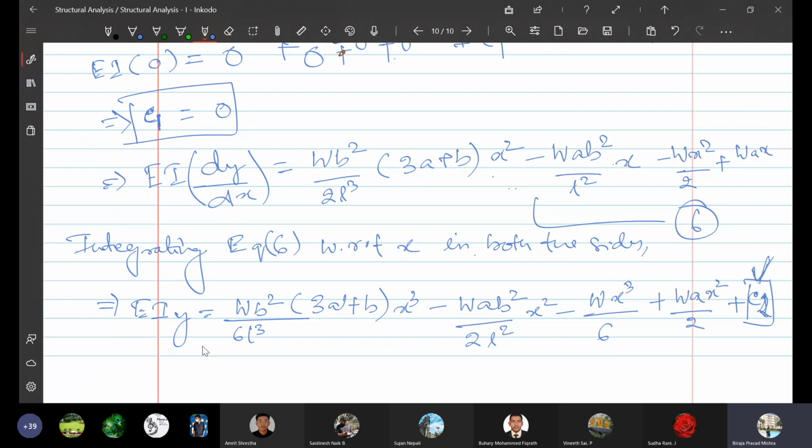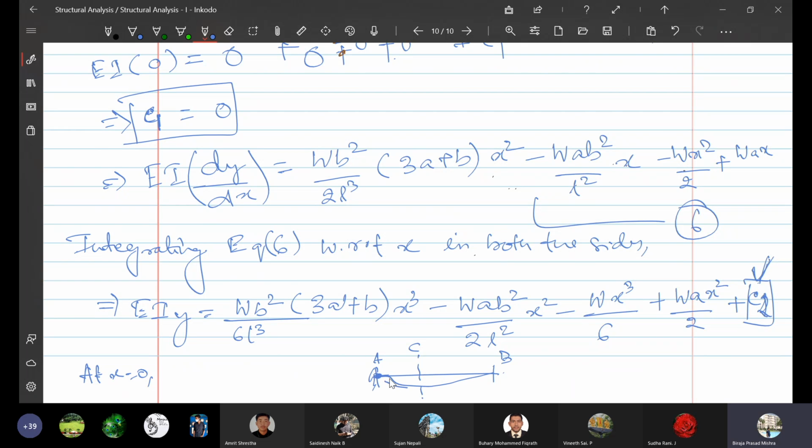Now we need to find out the value of C2. How will we find the value of C2? Since this is a fixed beam, and we are taking sections A, C and B here, can I say at end A, at x equals 0, the value of y, that is the deflection, is 0, right?